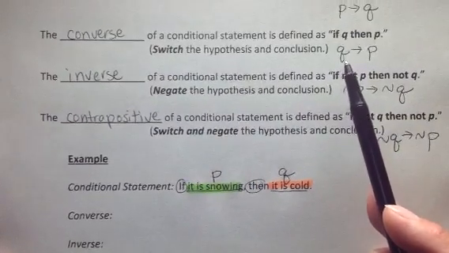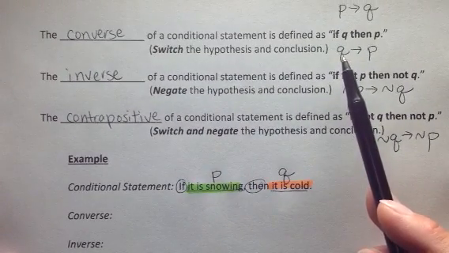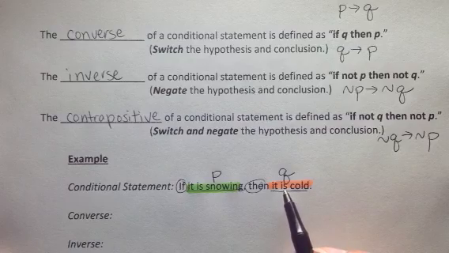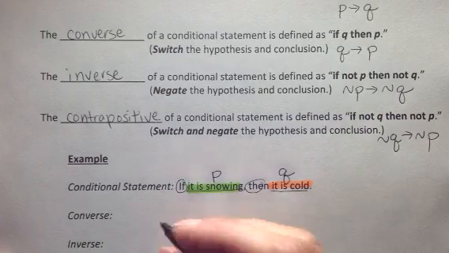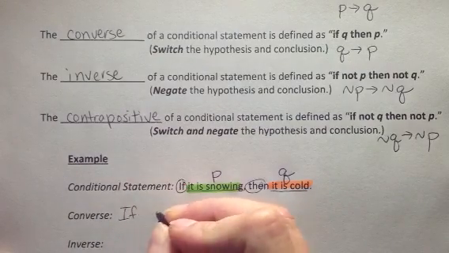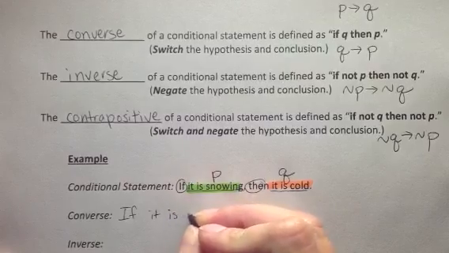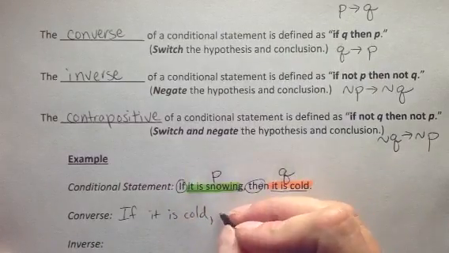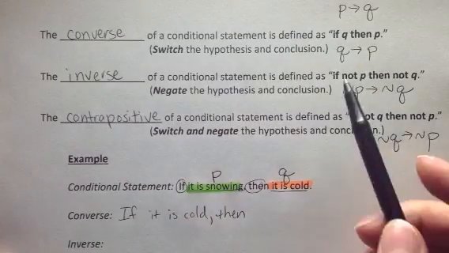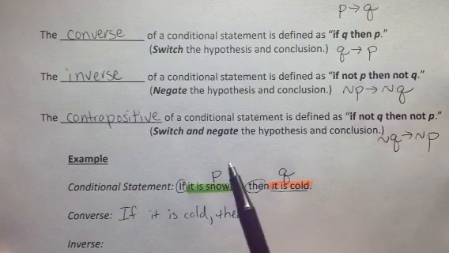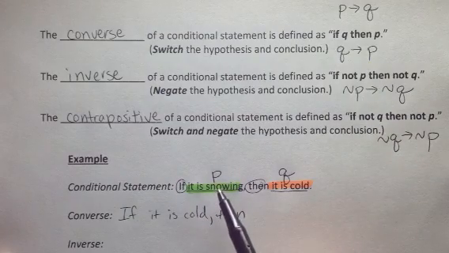It's going to go backwards, so it's going to become if Q, so if it is cold, then P, so then it is snowing.